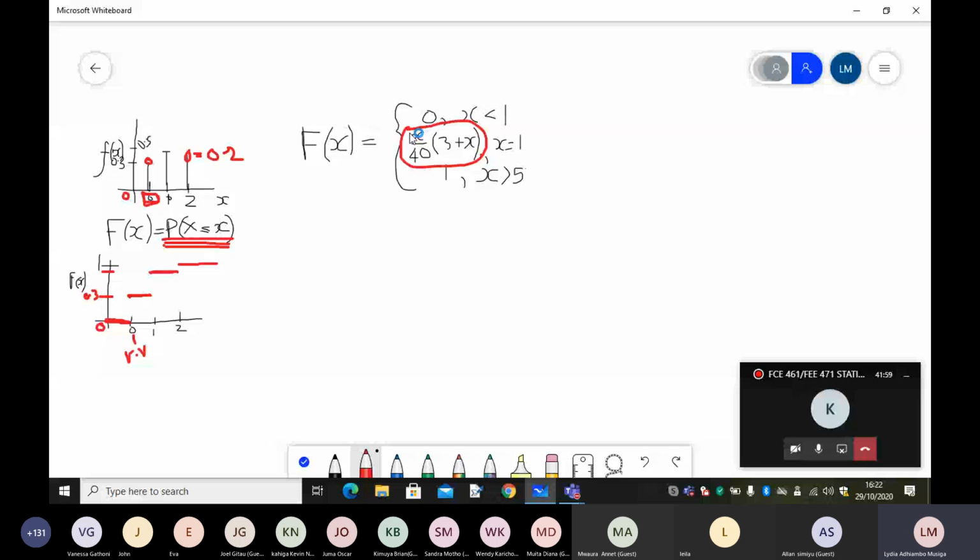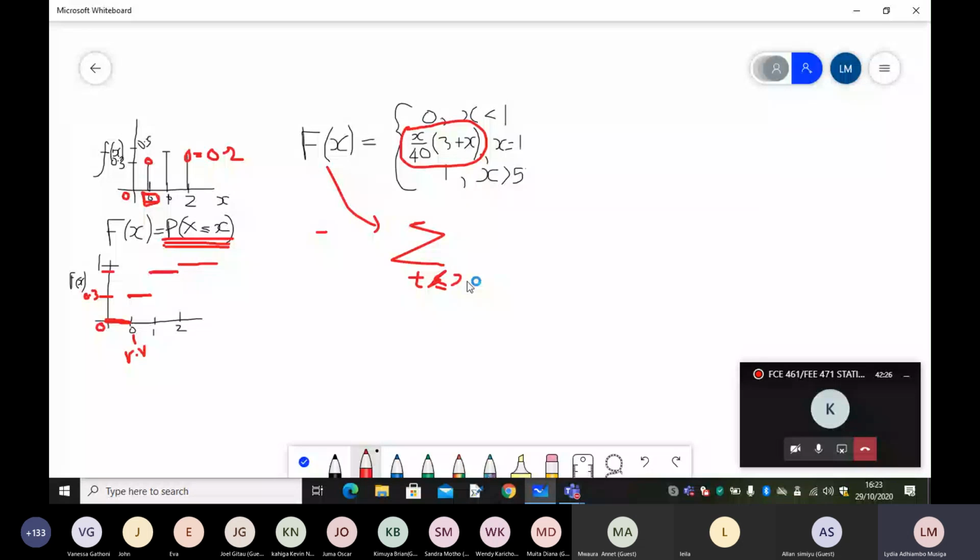For the discrete random variable, we said that the cumulative distribution function, capital F of x, is given by the summation over t less or equal to x of f of t.